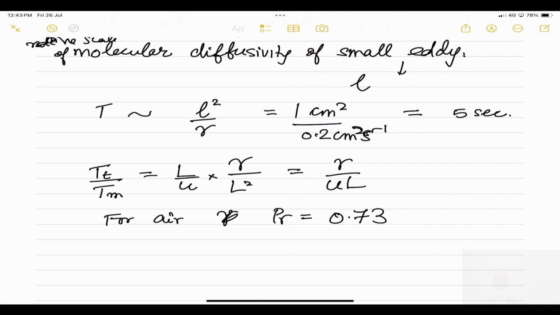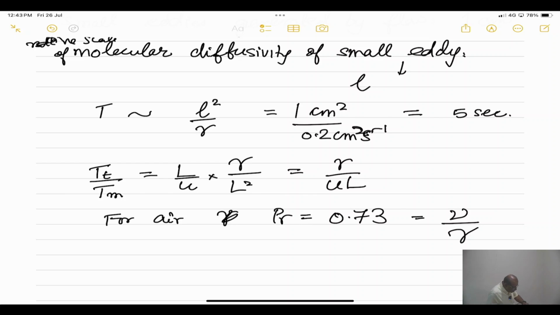So Prandtl number is 0.73, which means this Prandtl number is equal to nu upon gamma. In fact, probably alpha is what is used in your typical heat transfer course for diffusivity. Alpha is equal to K by rho C. Lumley's book used gamma, so I used gamma. This gamma is the same as what you will see as alpha in the heat transfer books.